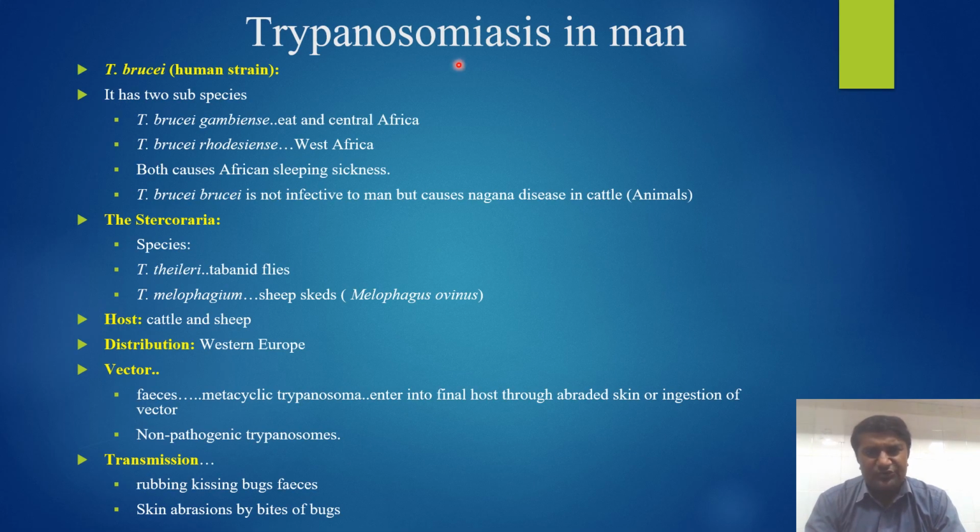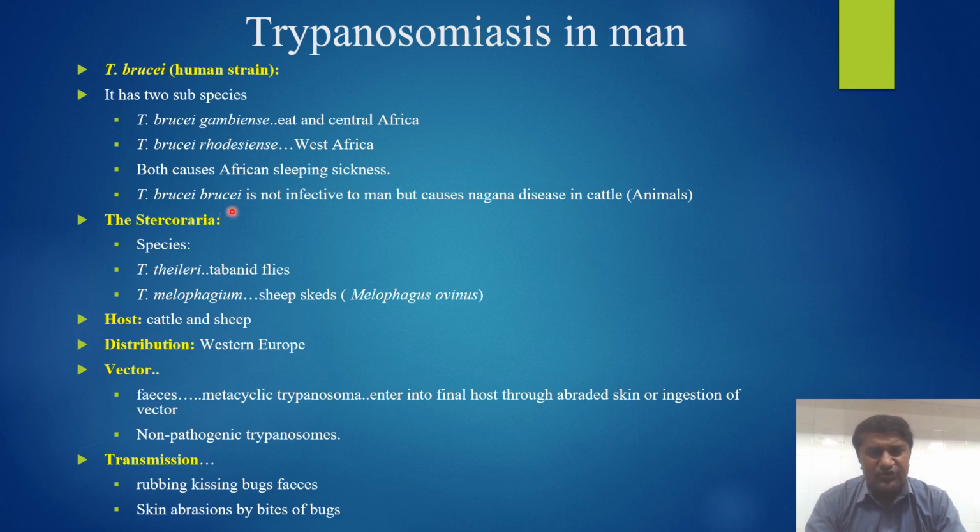Then there is trypanosomiasis in man. The Trypanosoma brucei human strain has two subspecies: Trypanosoma brucei gambiense, West and Central Africa, and Trypanosoma brucei rhodesiense, East Africa; both cause African sleeping sickness.